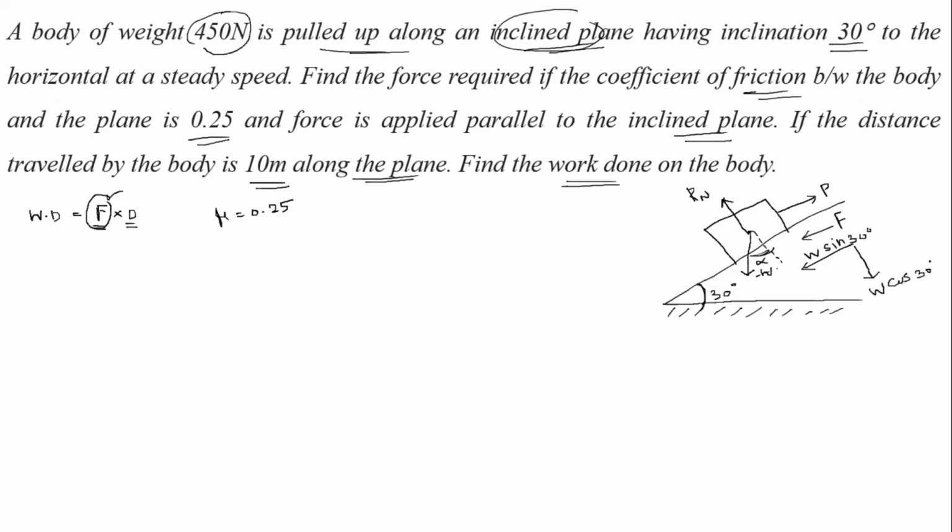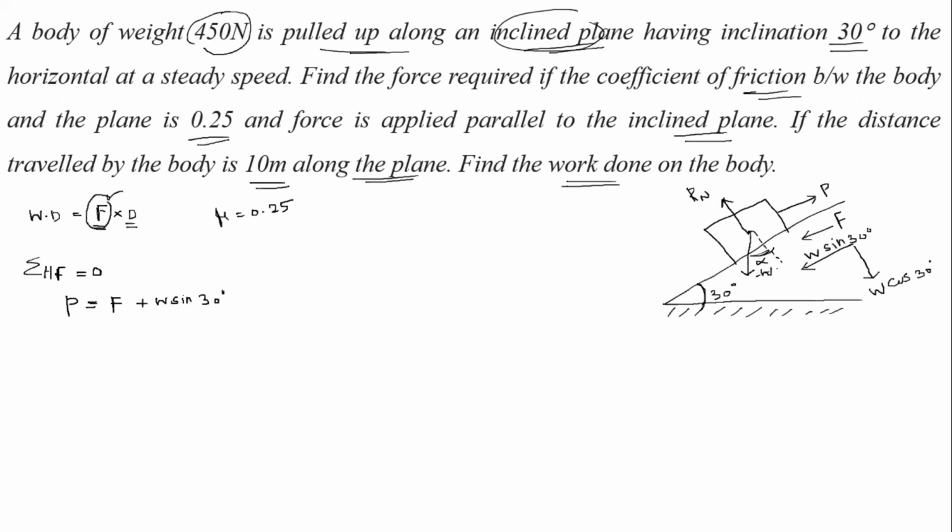Now we are going to resolve the forces along the plane, right. The sum of the forces along the plane is equal to 0. P is acting along the plane, which is equal to the frictional force F plus W sin 30 degree.